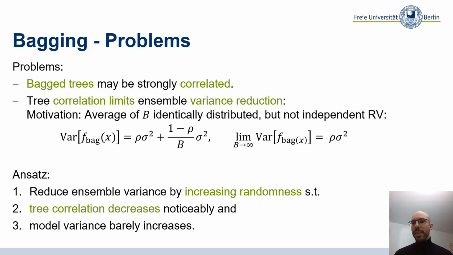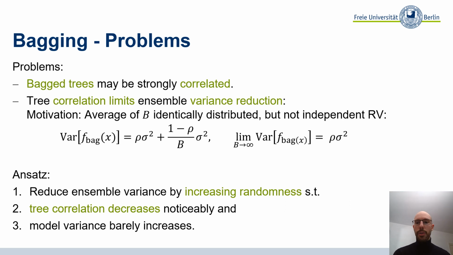So this means that our bootstrap data sets are all going to look very similar to one another. And if our bootstrap data sets look similar and we have decision trees, our decision trees are also going to look similar because we're going to have similar variable splits and thus end up with strongly correlated trees.